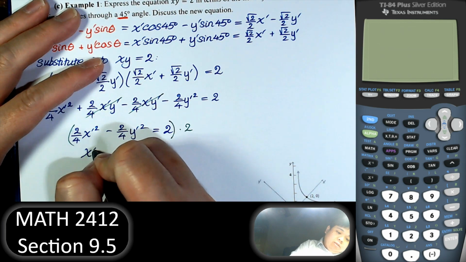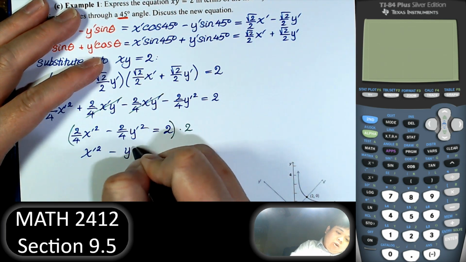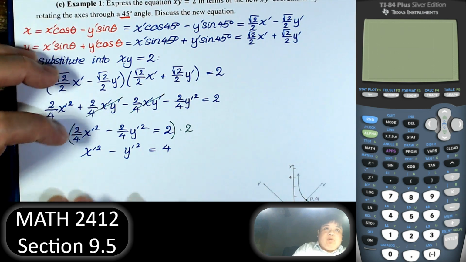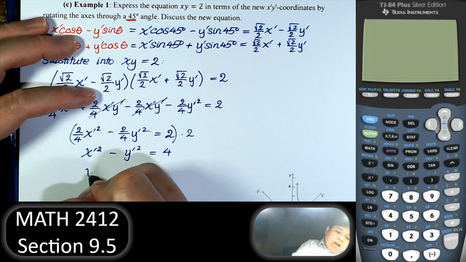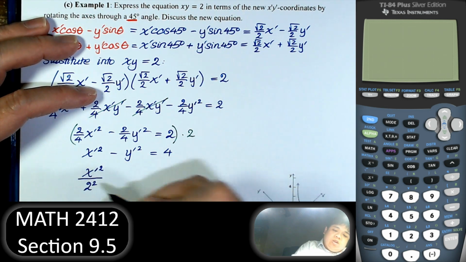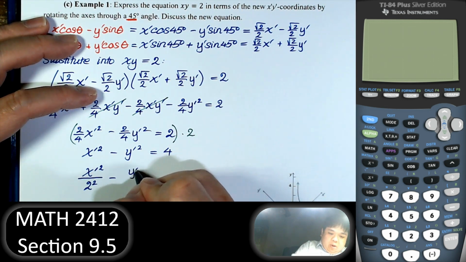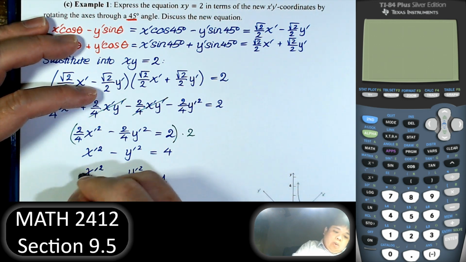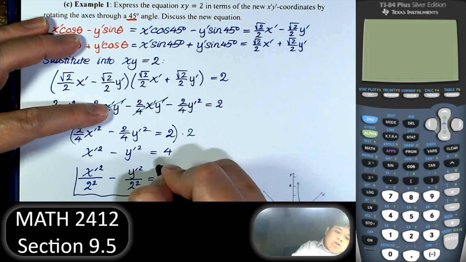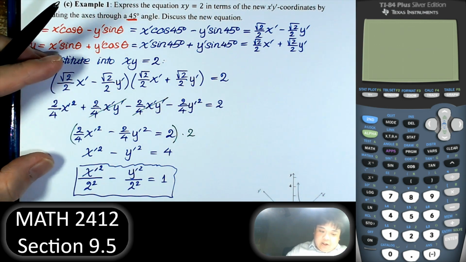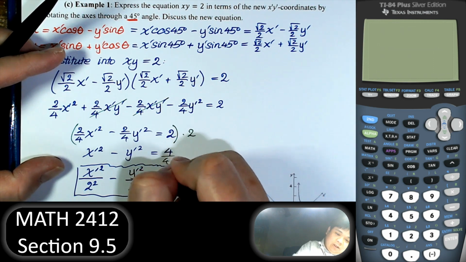So I have x prime squared minus y prime squared equal to 4, and we actually have to divide back by 4, so we have x prime squared divided by 2 squared, which is 4, minus y prime squared divided by 2 squared equal to 1. We need to have 1 on one side, so we have the standard form for a hyperbola. So here I divide by 4.